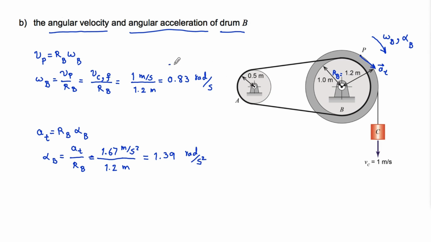So this is omega b, and this one is alpha b, or the angular acceleration of drum B.